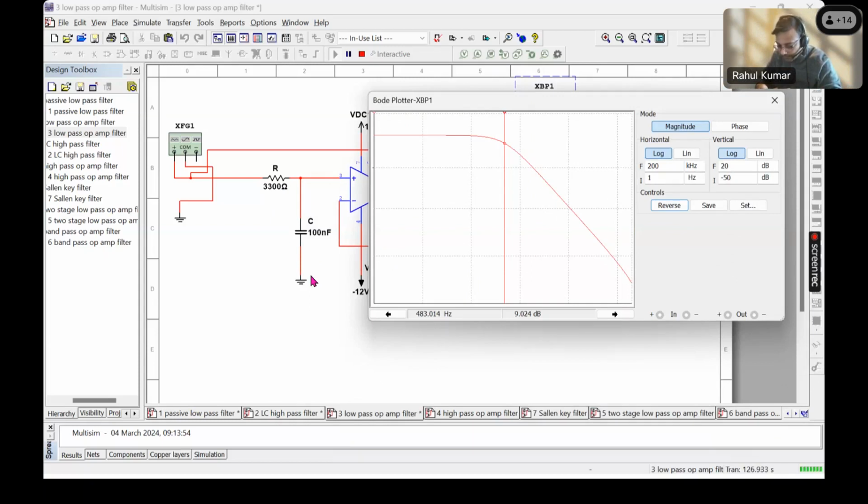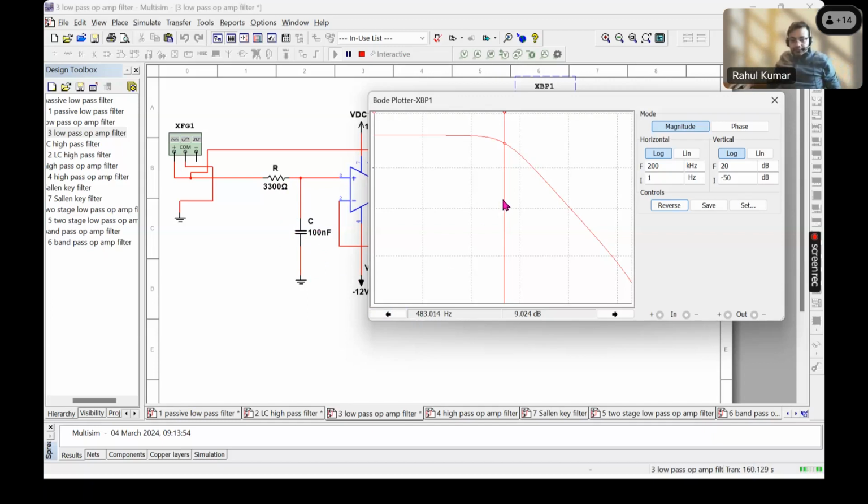If we take the inverse of that, we get about 482 hertz by calculation. So this RC gives us a calculated cutoff frequency of 482 hertz, and here we are getting 483, close enough.